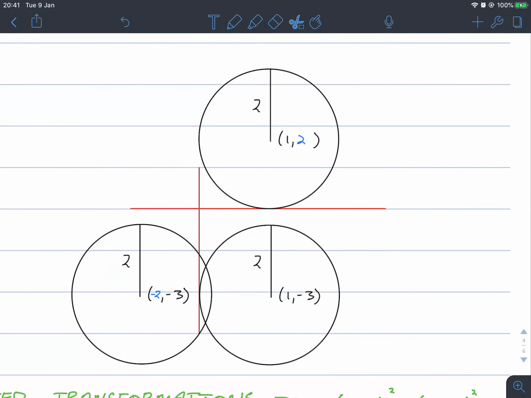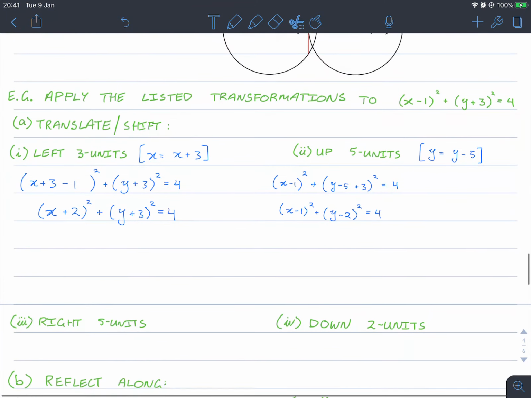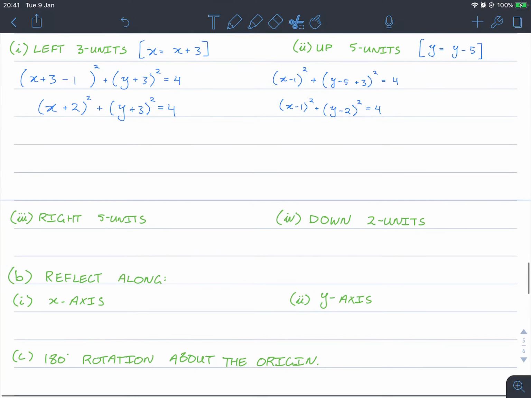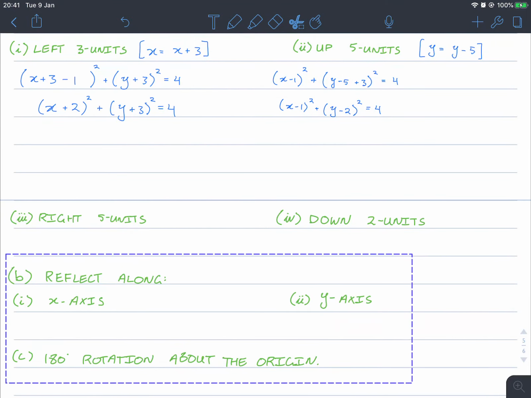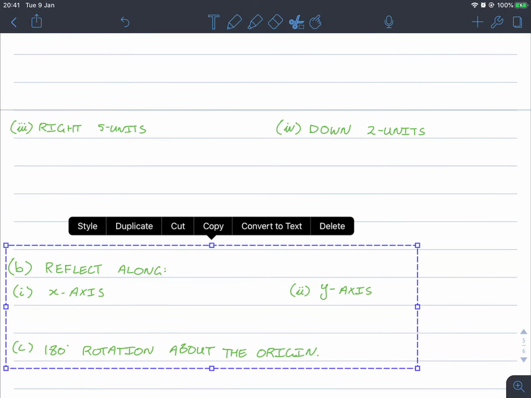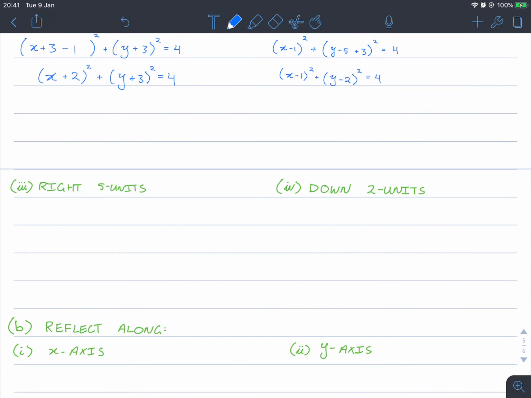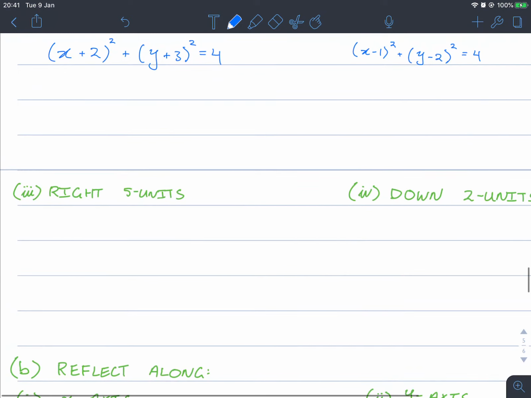Let's do two more transformations here. Let us shift this circle 5 units to the right. For shifts to the right, we let x become x minus 5.